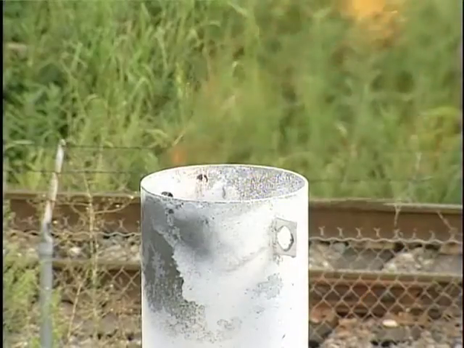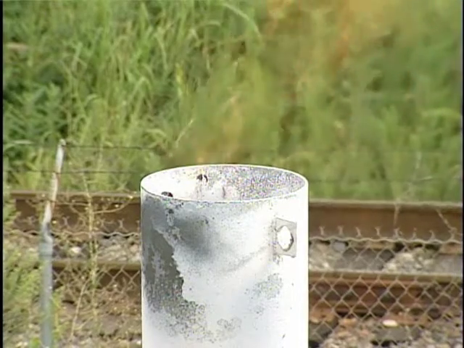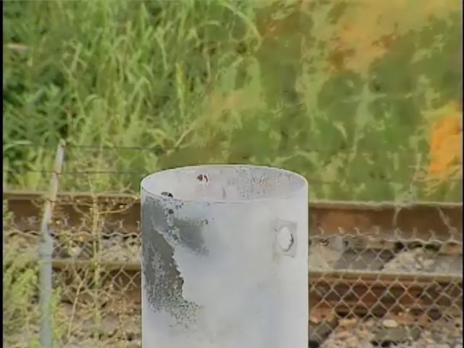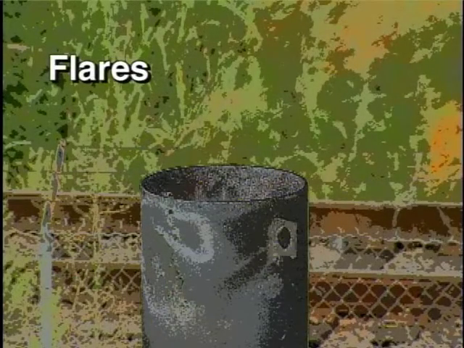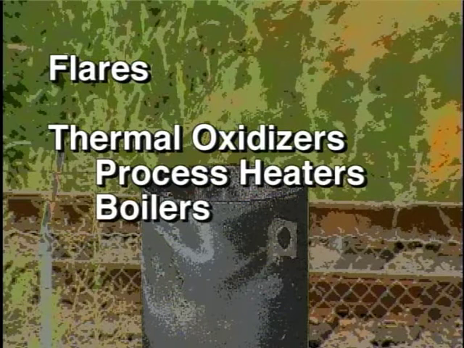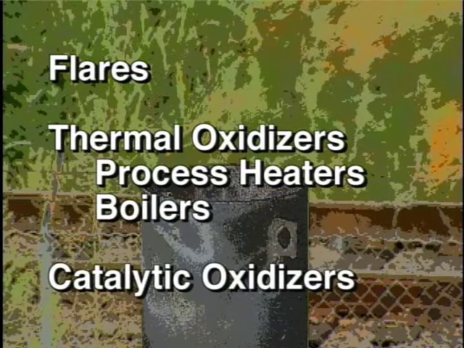beds. To review, the 3 common types of incinerators used in air pollution control are flares, both ground level and elevated, and thermal oxidizers. This type of incinerator has alternative devices sometimes used, which are process heaters and boilers. The third type of incinerator is catalytic oxidizers.